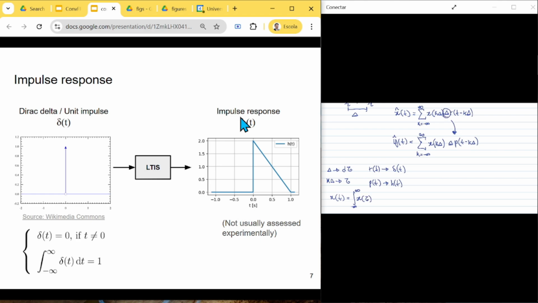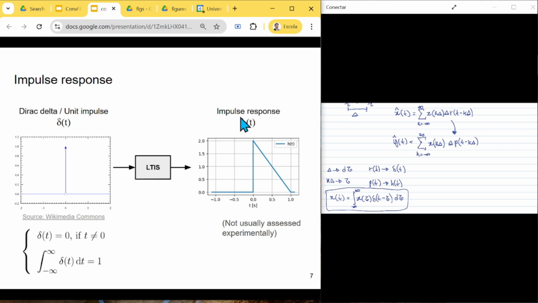This delta will become the d tau. I place it here, and this will be the Dirac delta of t minus tau. And now I have defined the input as a sum of Dirac deltas.